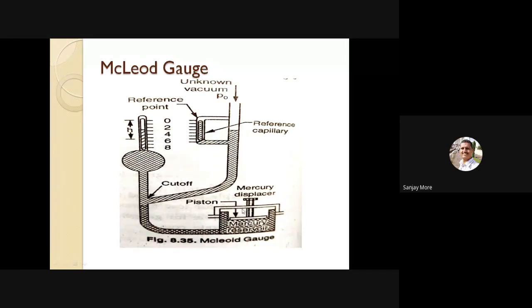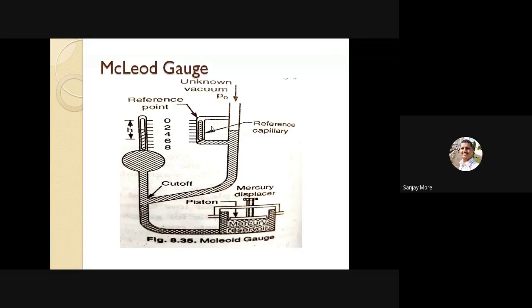When applying force on this piston, the mercury displacer, this mercury moves upward, but the open unknown vacuum or open air connected to this capillary stops this mercury at the cutoff point. If this mercury is transferred from the cutoff point to the bulb, then measure the height with this pointer, 0, 2, 4, 6, 8.